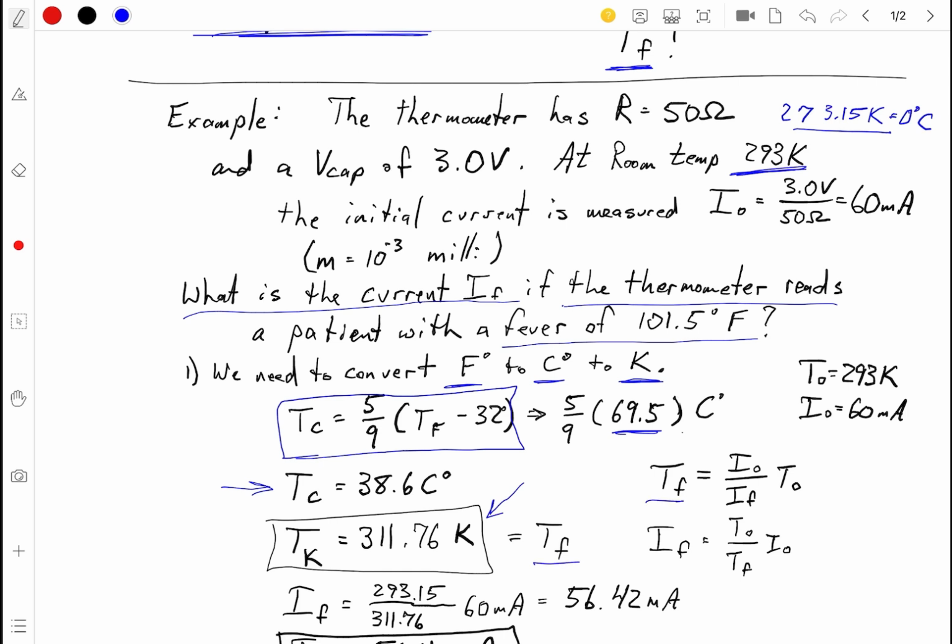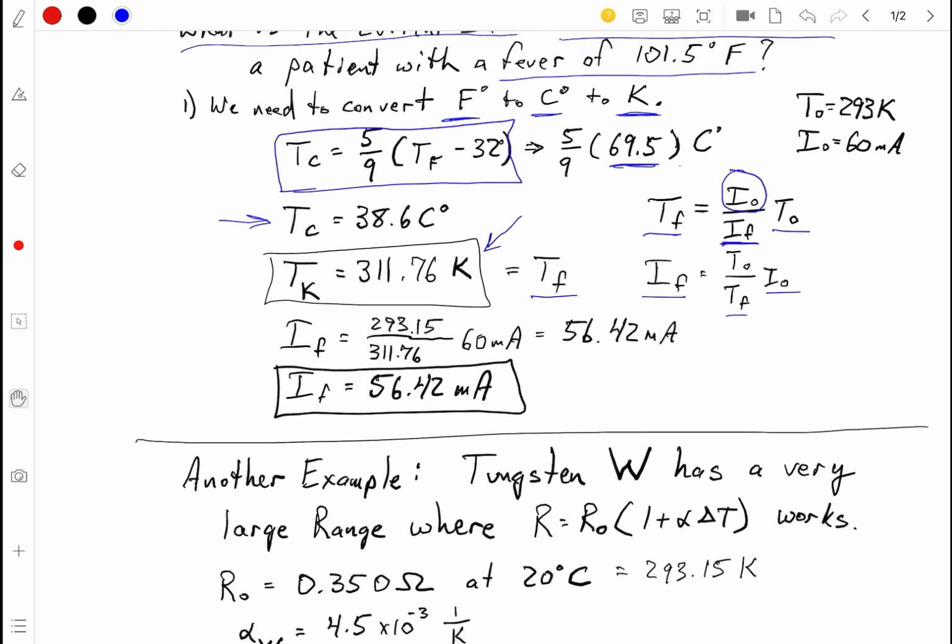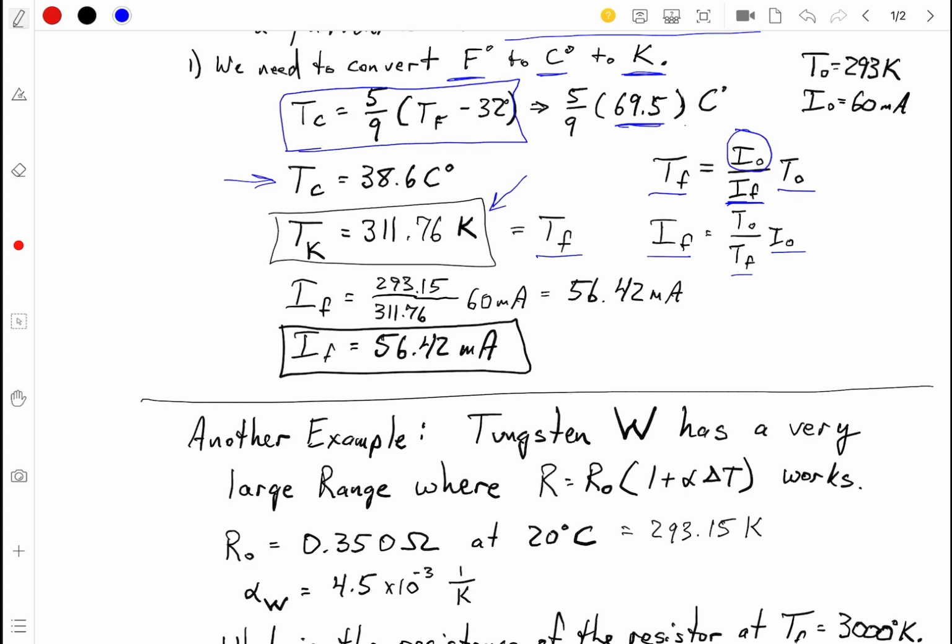Now we know what T final is. We know what our T initial is. We know what our initial current is, but we really want to find this. So we rewrite that equation as I final is equal to T naught over T final multiplied by I naught. So we do that and we plug in the numbers.